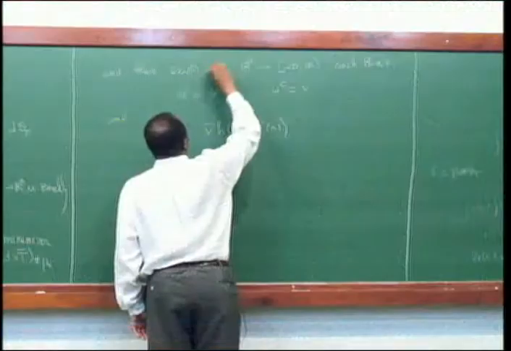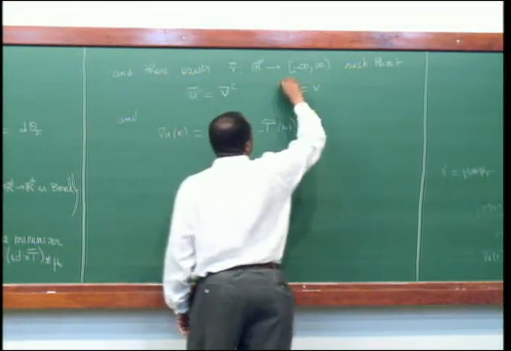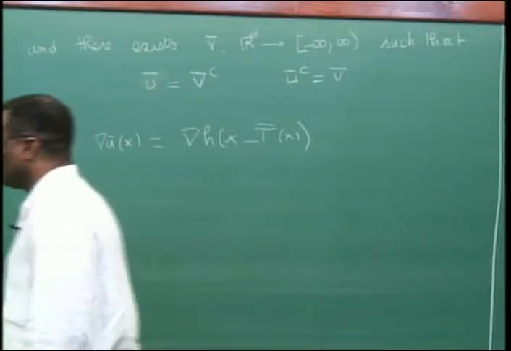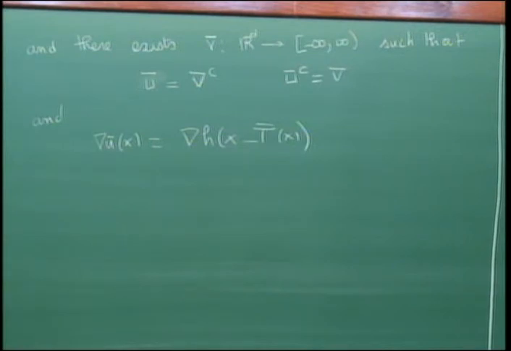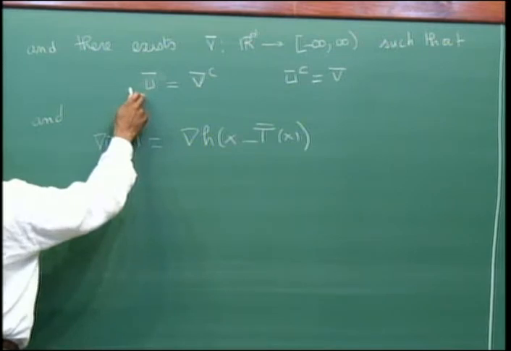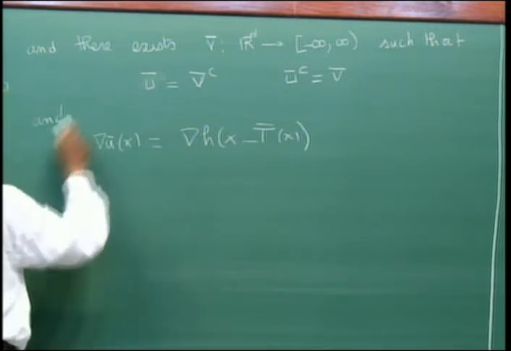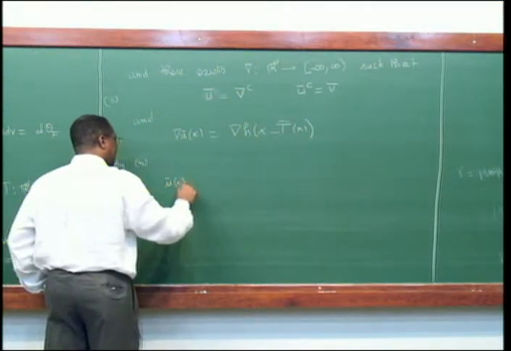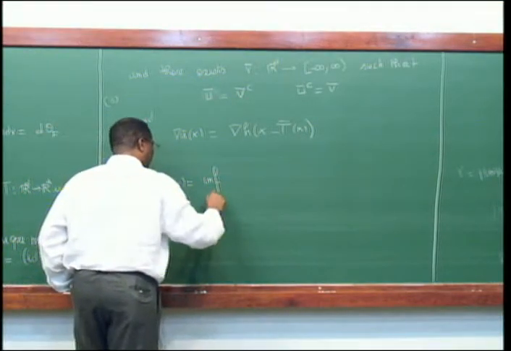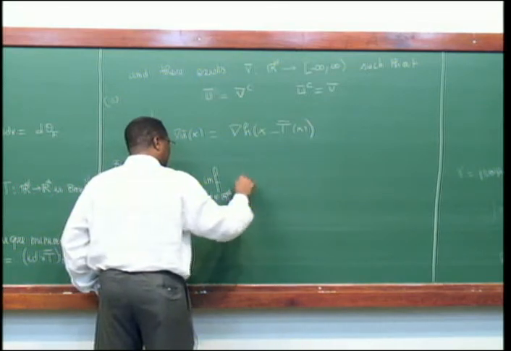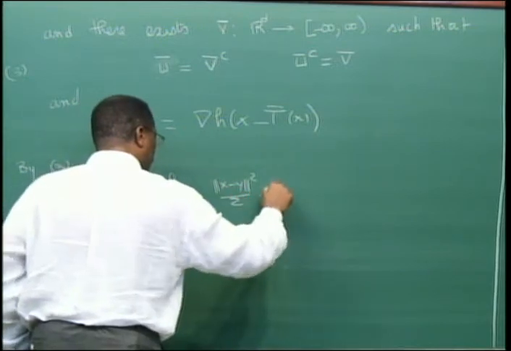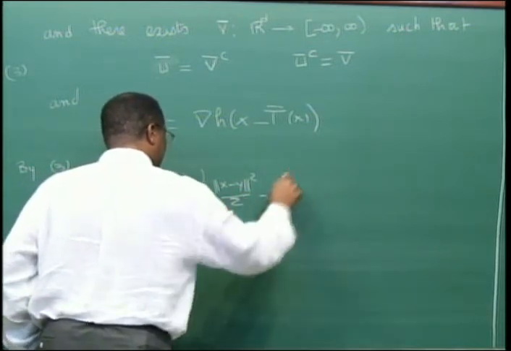Okay. So here are some conclusions I would like to draw. Let me call this u bar, v bar. Let me write what this means. By 3, u bar of x is the infimum over y in R^d of |x - y|^2 over 2 minus v of y.